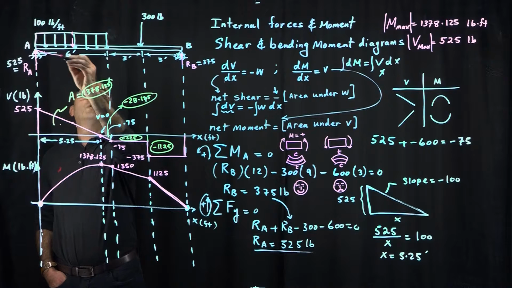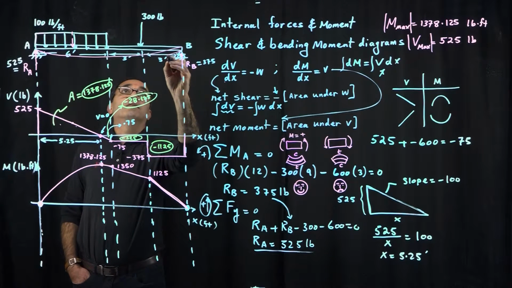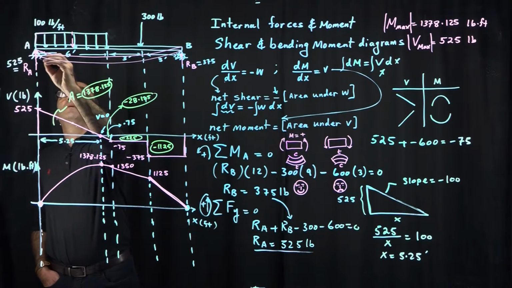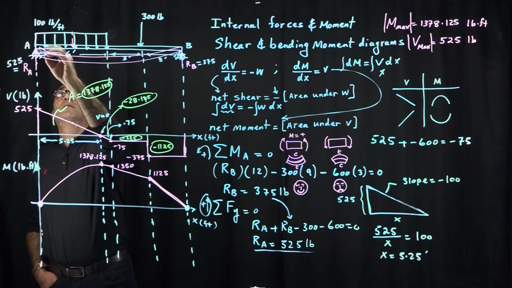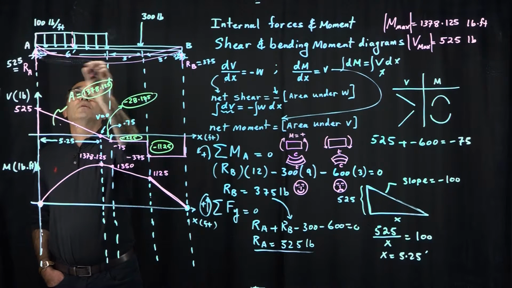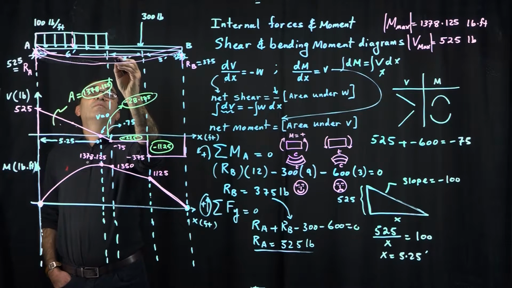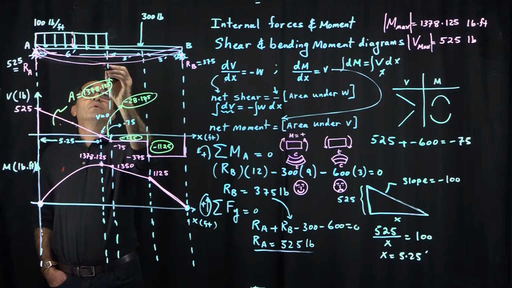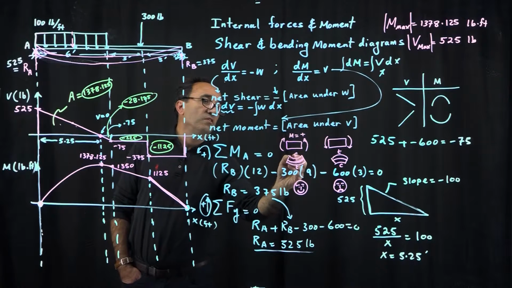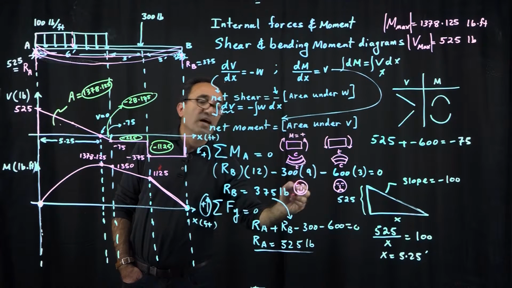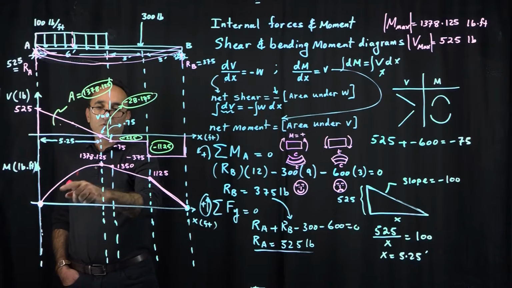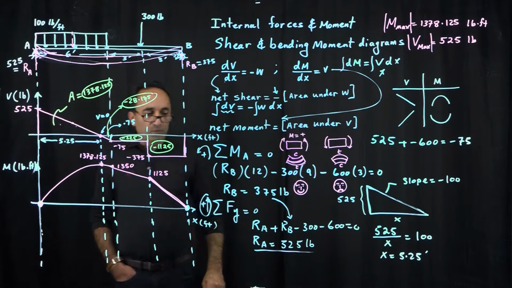If you show the elastic curve of this beam, it should bend like this. So you see the top fiber is always in compression, the bottom fiber is always in tension, and that resembles the happy face. And that's the way it should be, because you see the moment everywhere is positive.